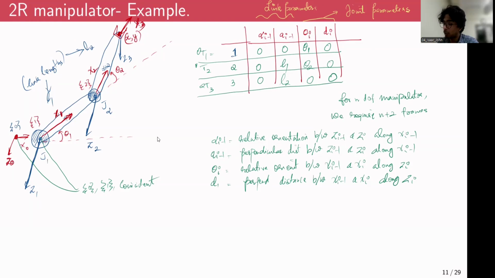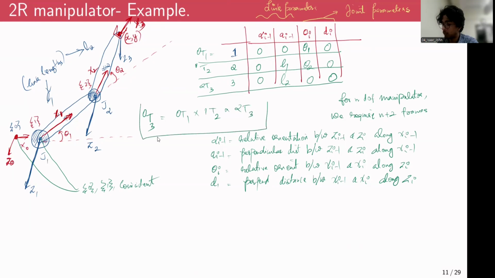So if you want to find the transformation between the 0th frame and the third frame, you are only required to multiply the individual transformation matrices, which is 0T1 multiplied by 1T2 multiplied by 2T3.